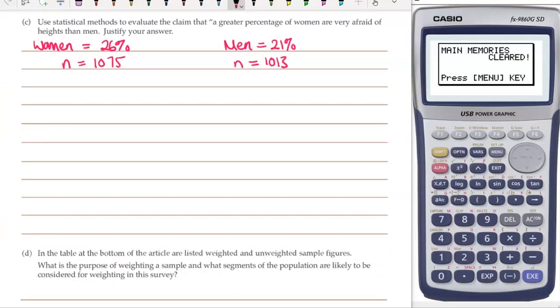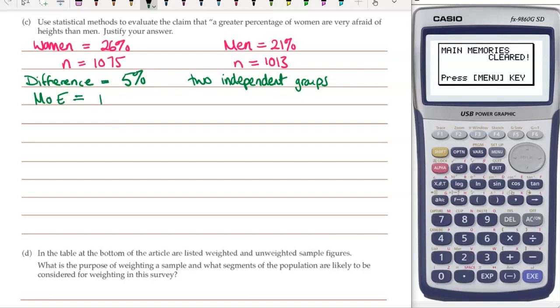So I've just transferred that down to the bottom here. Okay, so the difference between the two is 26 minus 21, which is 5%. And that difference we are looking at is between two independent groups. So the margin of error, when we do two independent groups, is equal to 1.5 times the average margin of error.